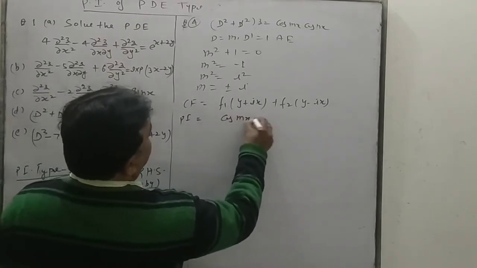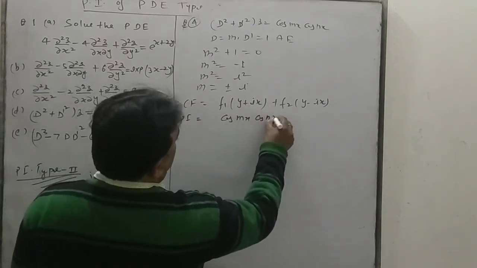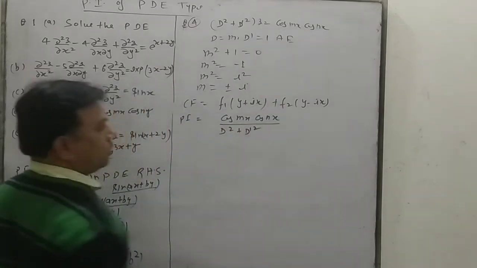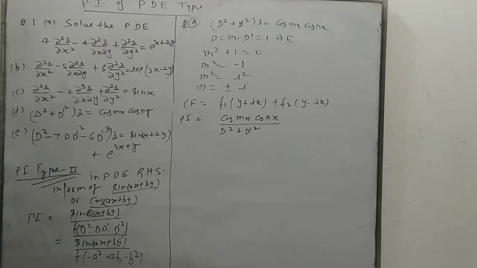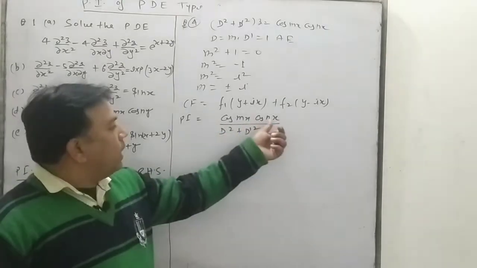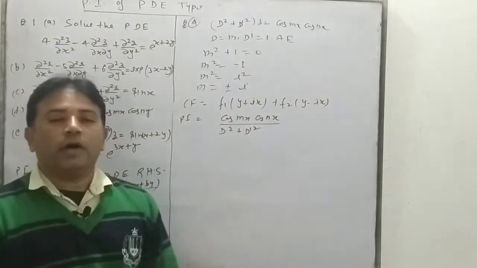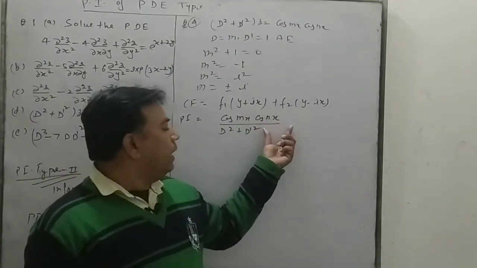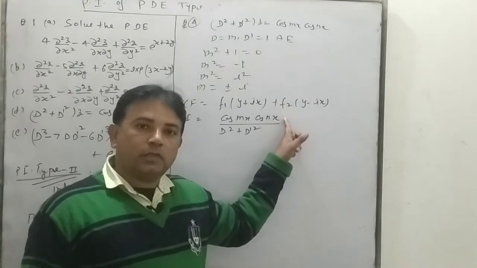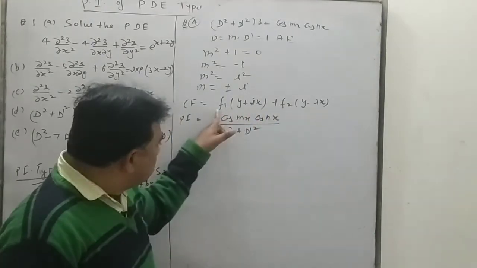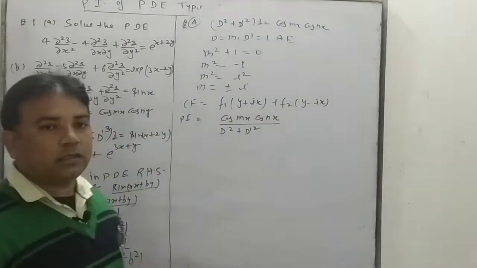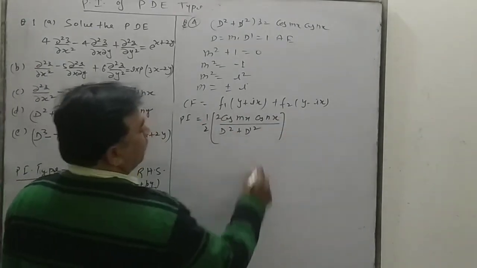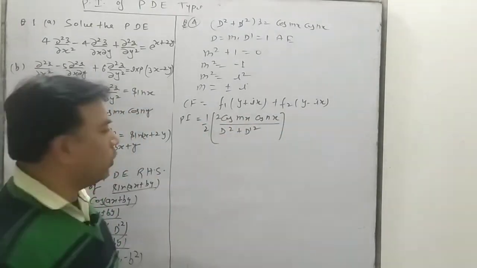PI = cos mx or cos nx divided by D² + D'². Here you see cos mx plus cos nx, a product of two functions, so we do not have any direct method of this type. So we multiply by 2 and divide by 2, and write the 2 cos a cos b formula.